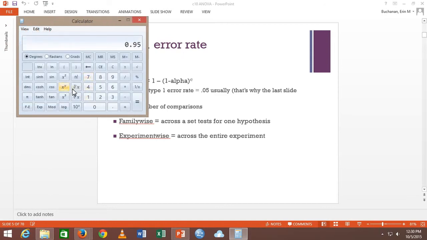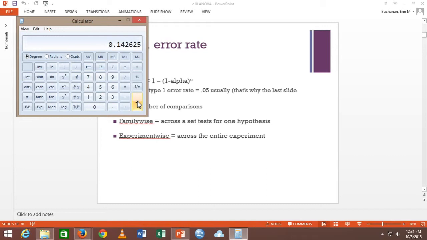Then 1 minus that, and the type 1 error rate is now 14%. So instead of being p less than 0.05, or 5%, it's now 14%.